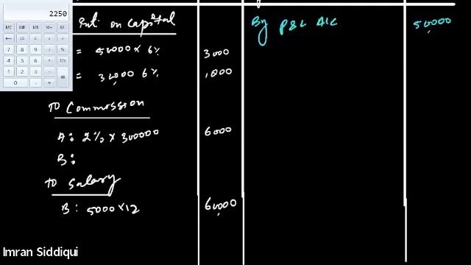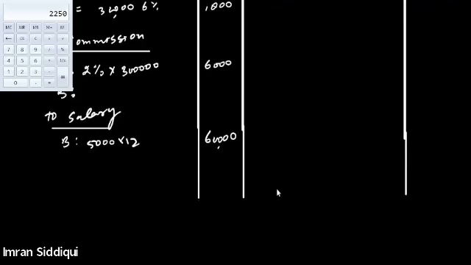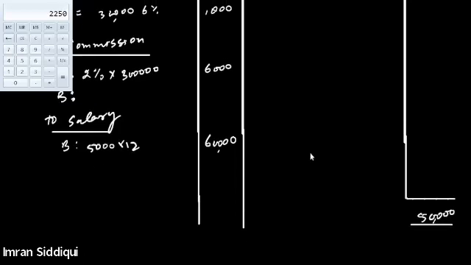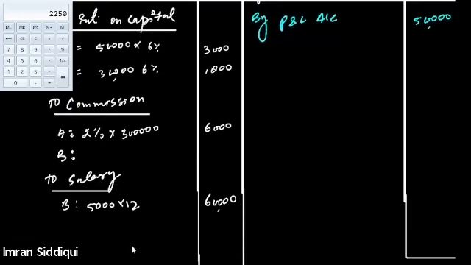Total of the credit side is 50,000, and subtracting all these values, 3000 out of 50,000, we'll subtract 3000, then subtract 1800, then subtract 6000, and then 60,000.